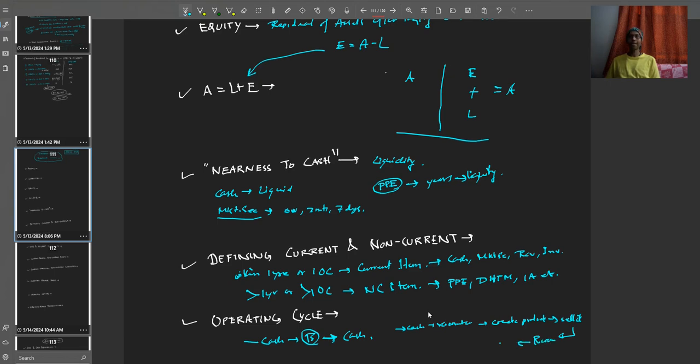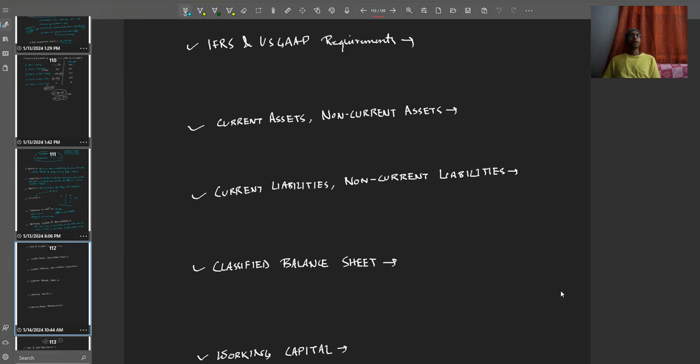This revenue is basically coming back of your cash as cash. So this is the entire operating cycle. How much time it takes, that is defined as the operating cycle. Generally, for current and non-current definitions, we use 1 year only. That is considered as the standard, but sometimes the operating cycle can also be used.